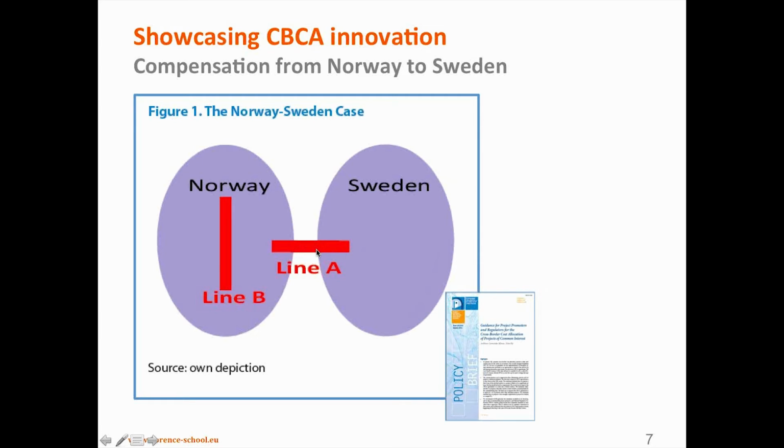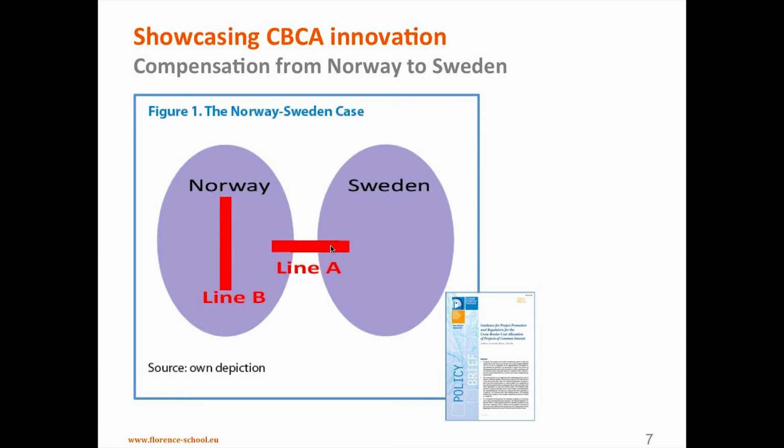It was already part of a Nordic grid plan, but it was not so urgent for Sweden. So it was planned to come at some point in time, but Norway wanted to speed it up. But Sweden was supposed to pay 75% of that project if you would apply the current practice. Each pays for the assets on its territory because by accident most of this line lies on Swedish territory.